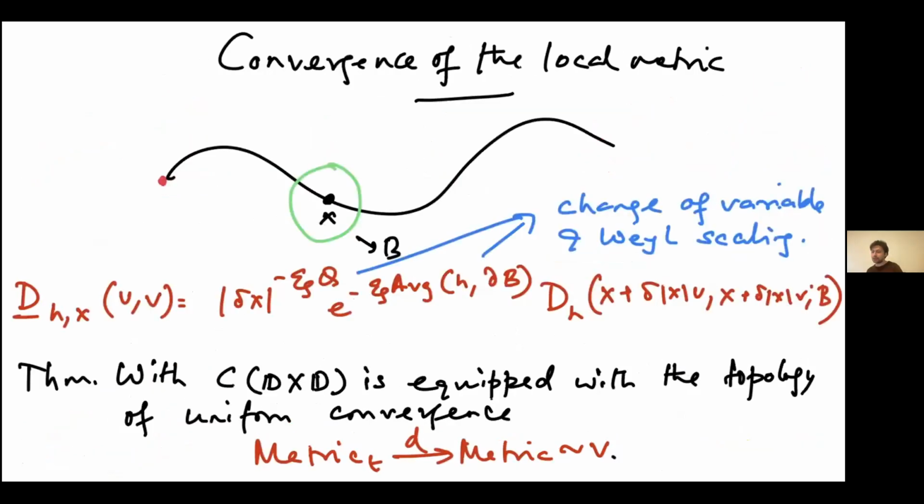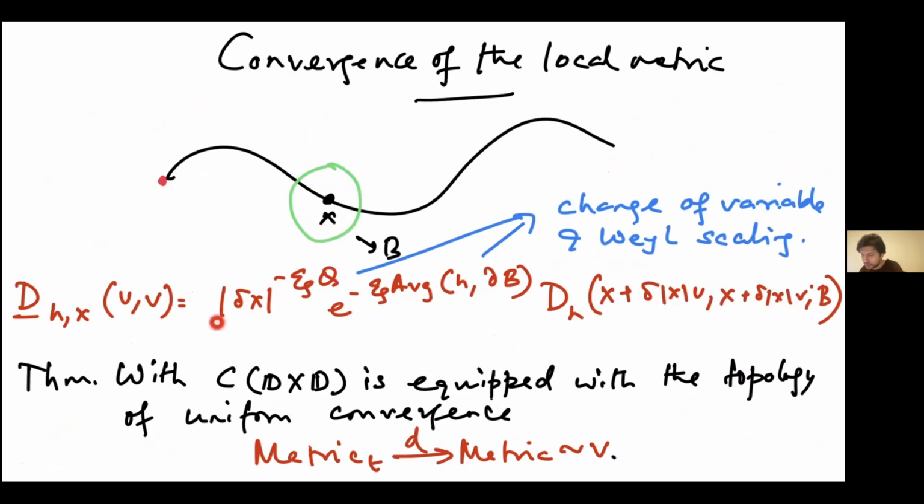In a counterpart sense, we also have convergence of the local metric. Instead of looking at the local field centered at a point, you can take a point on the geodesic, take a small ball around it, and look at the LQG metric restricted to this ball. Again, you pull everything back to the unit disk, and then you have this prefactor.